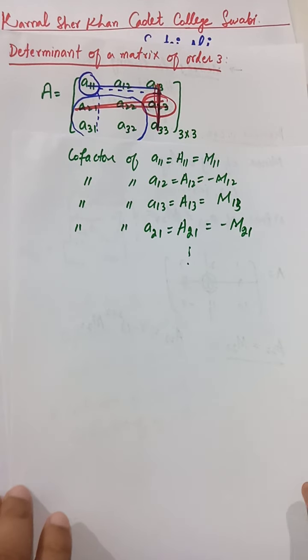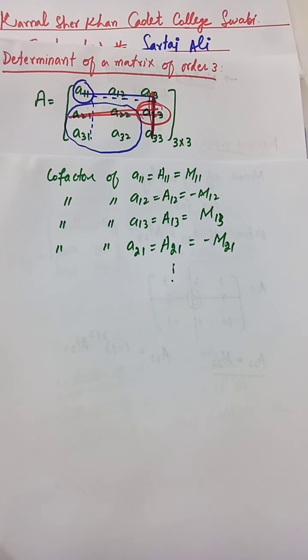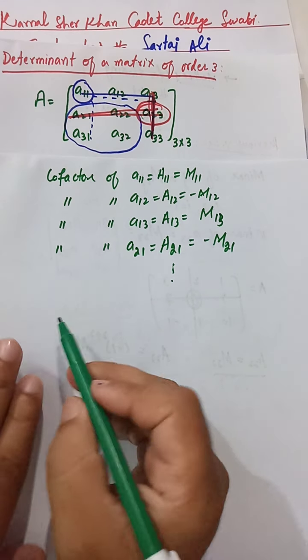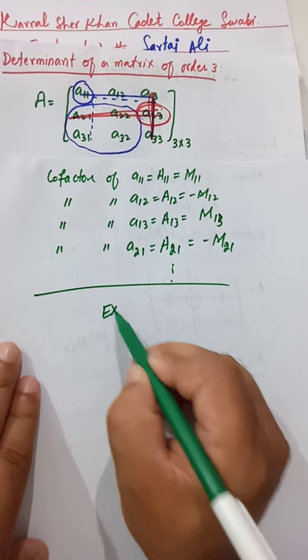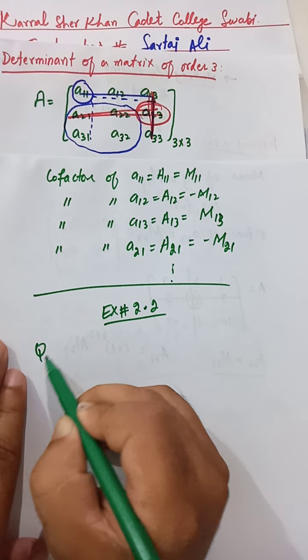When you are finding the determinant of a square matrix of order 3, we will use the cofactor and minor methods. So I'm taking a question from exercise 2.2, question number 1.